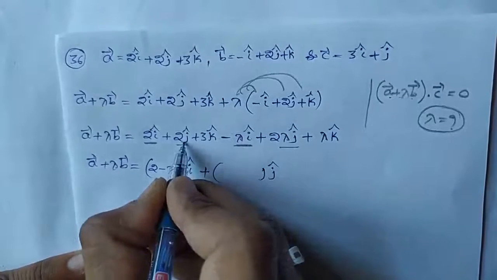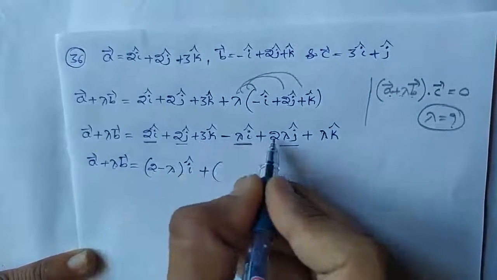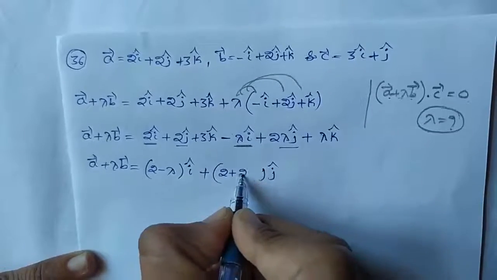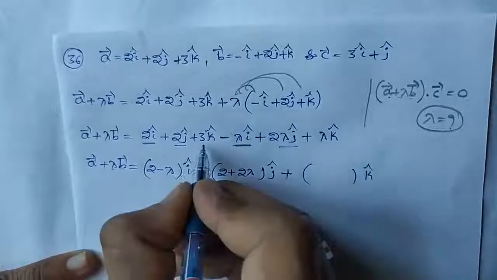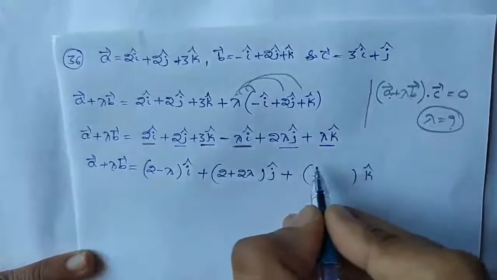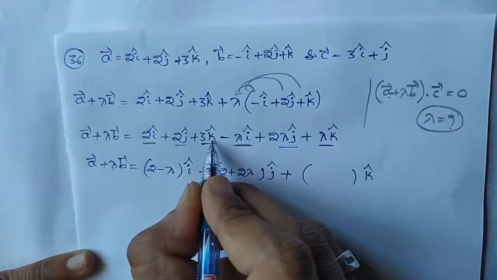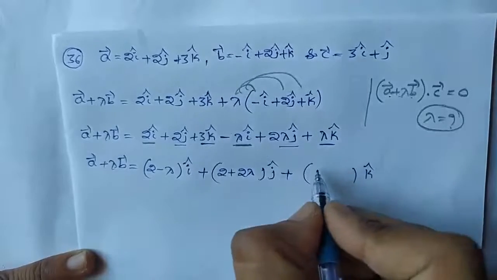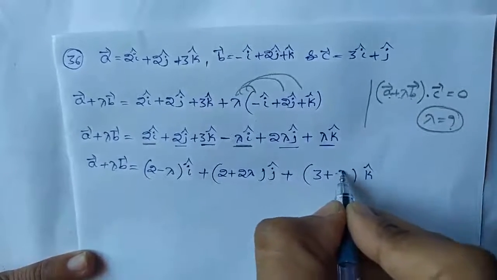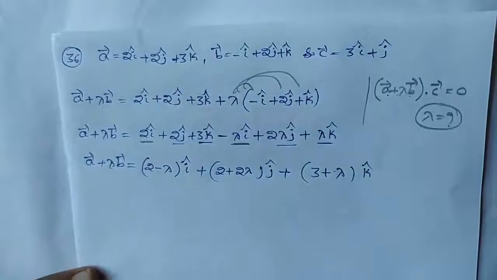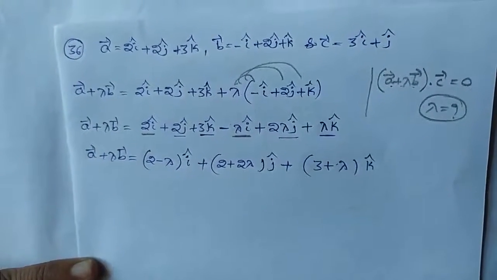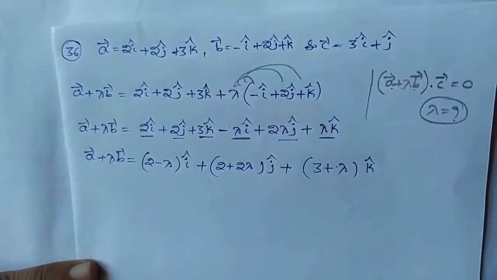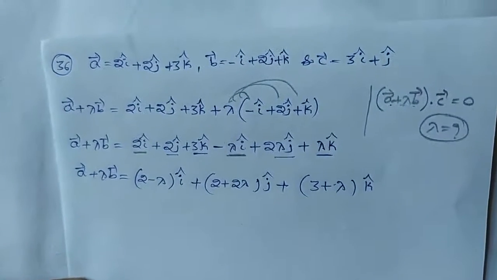If we take j cap outside, we get 2 plus 2 lambda. Plus next k cap. Here we have 3k, here we have lambda k. If we take k cap outside, then it will be 3 plus lambda. Hence we get a plus lambda b vector.